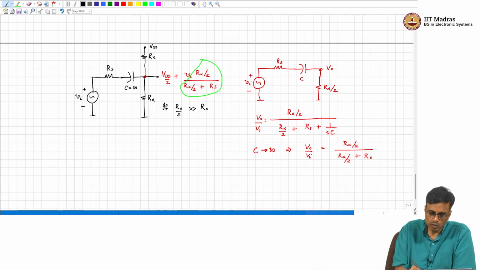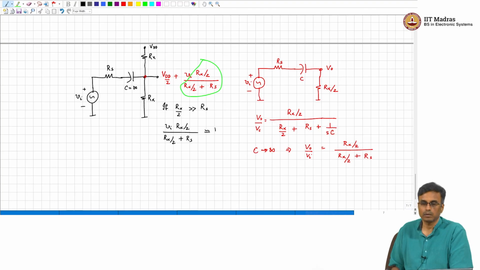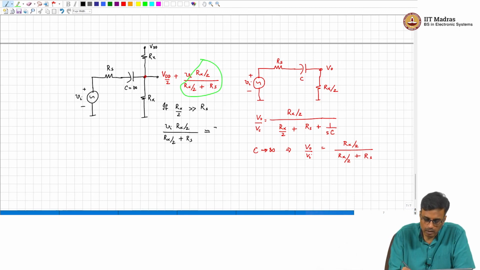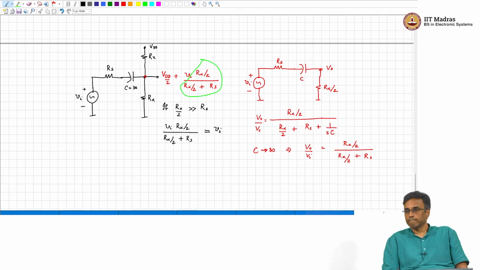If this is true, then Vi times Rx by 2 divided by Rx by 2 plus Rs is approximately equal to Vi. Does it make sense?